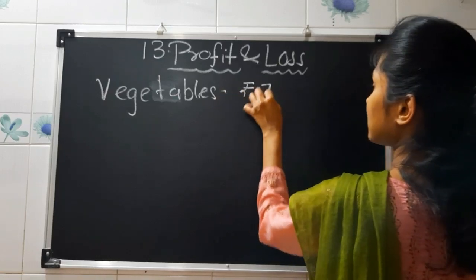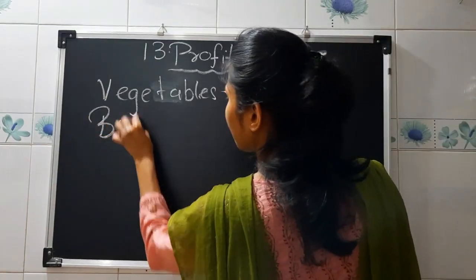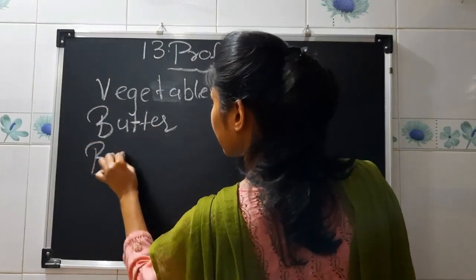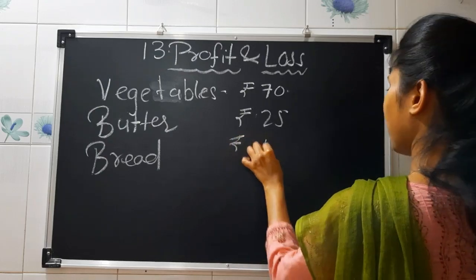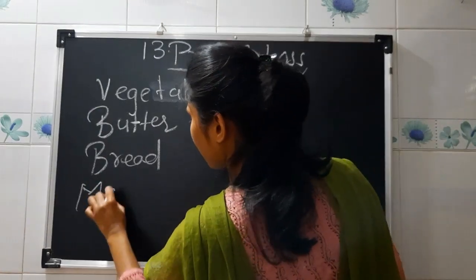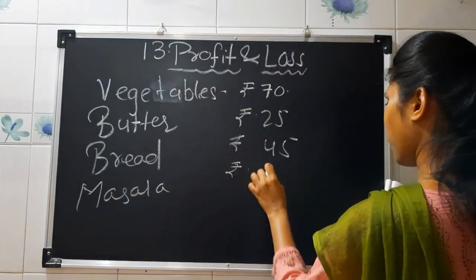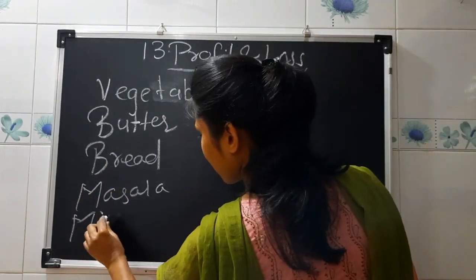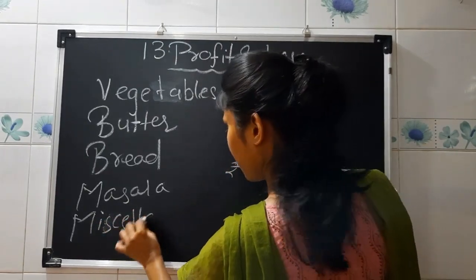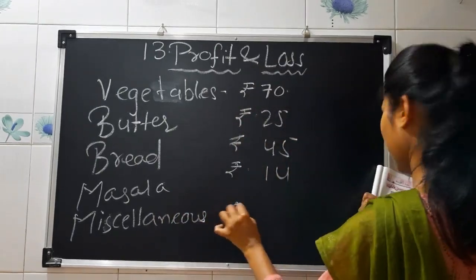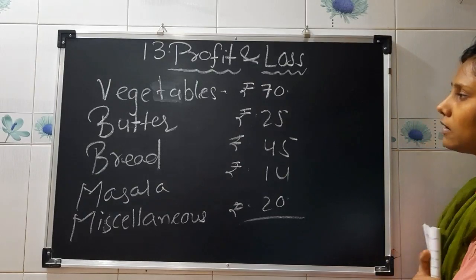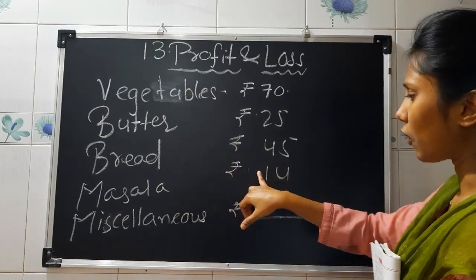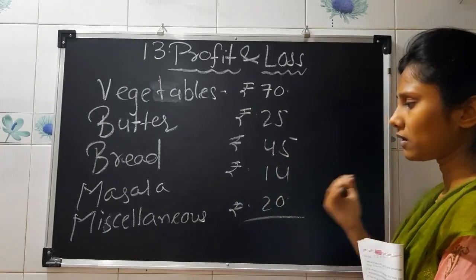He bought vegetables for rupees 70, butter for rupees 25, bread for rupees 45, masala for rupees 14, and miscellaneous, which means other expenses, for rupees 20.